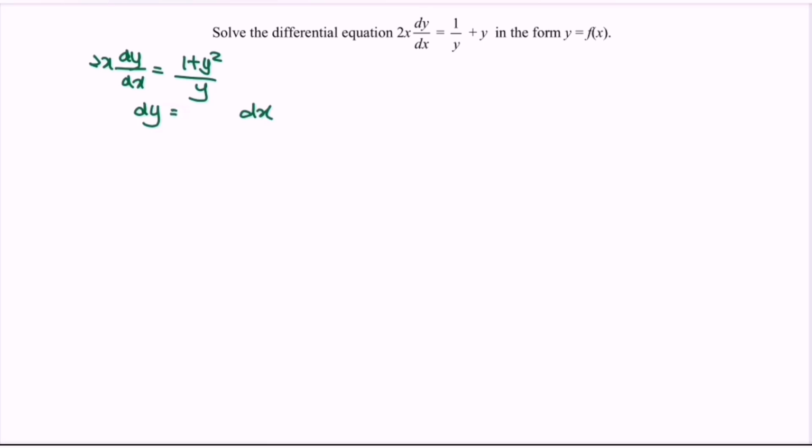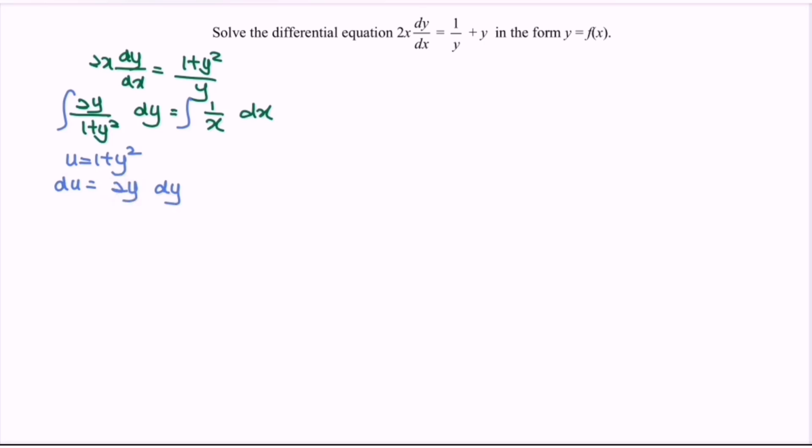Next, separate the variable where we have 2y over 1 plus y squared. And here we have 1 over x. Continue, add on the integration sign. Next, move on with the left hand side. Let the situation u is equals to 1 plus y squared. Kindly differentiate the situation with respect to y. So du dy, where we have 2y.